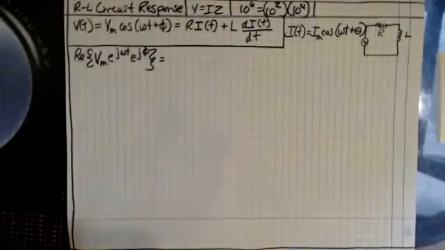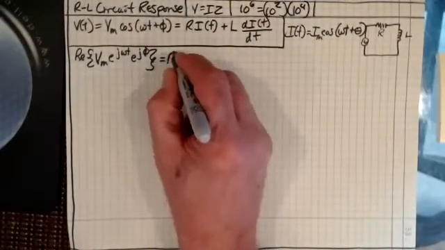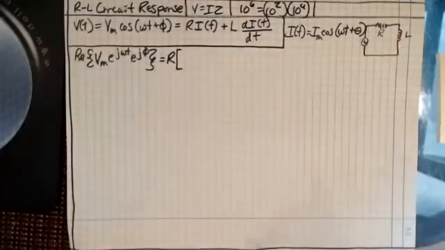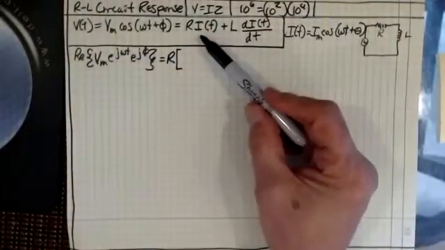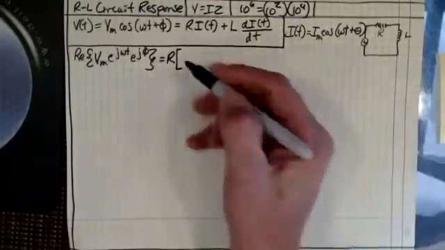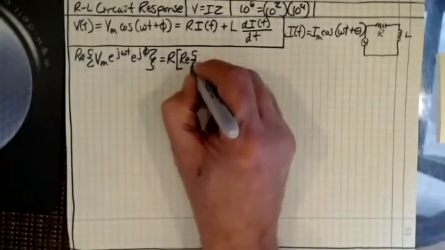All right, well, let's do the other side of the equation now. Now I've got R. And what is R going to be multiplied by? Well, it's going to be multiplied by i of t. Well, what have I got here? Well, I've got the real, right? Because it says cosine.